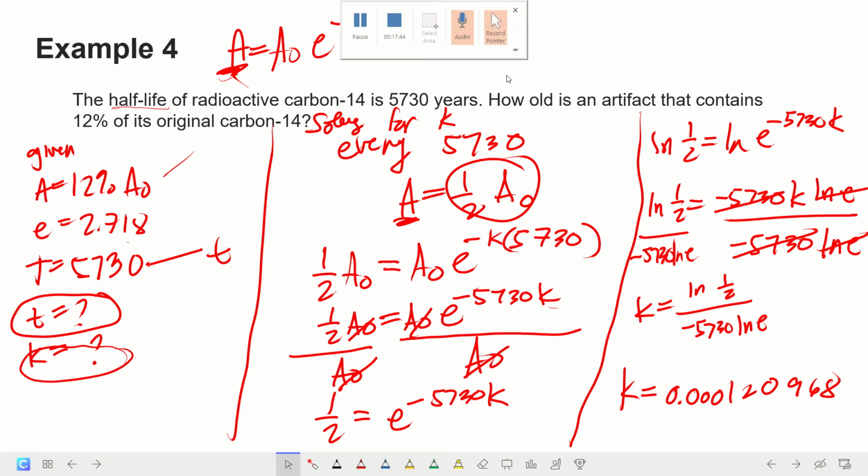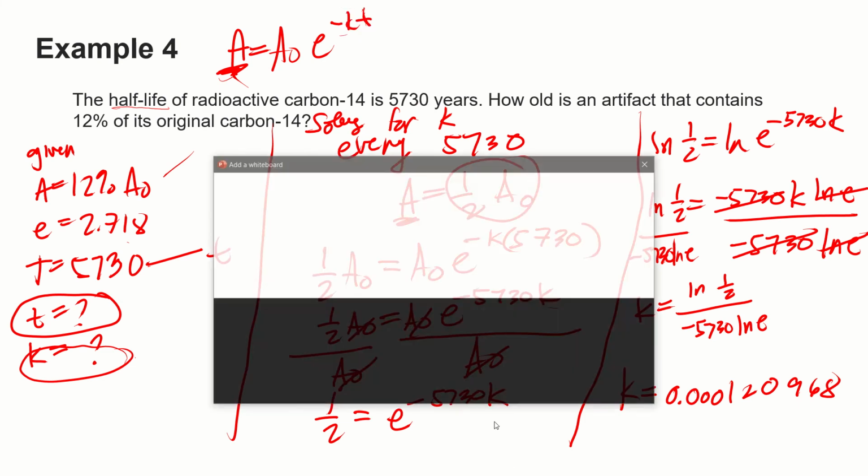So, maglagay na lang tayo ng another slide. So, sabi natin, A is equal to A sub o times e raised to negative k times t.